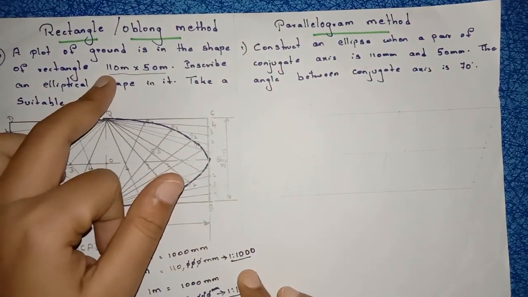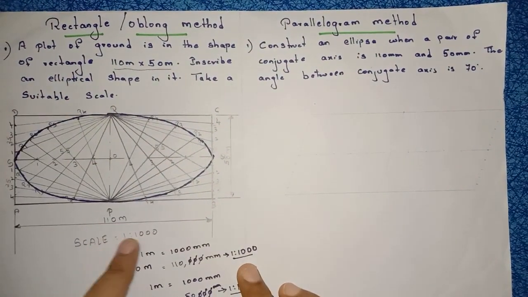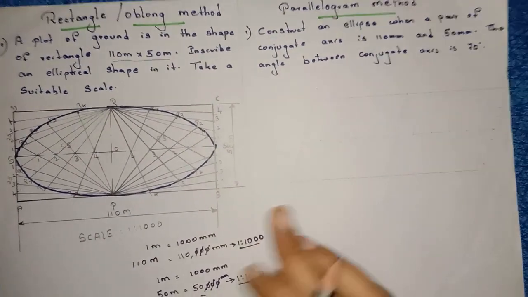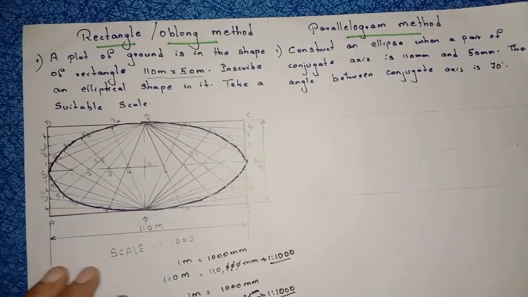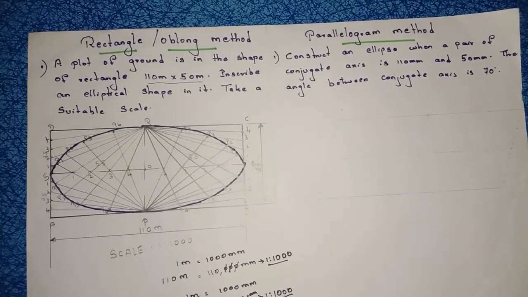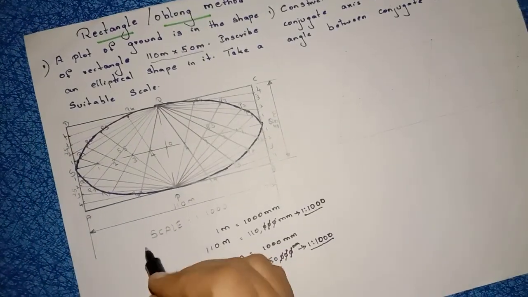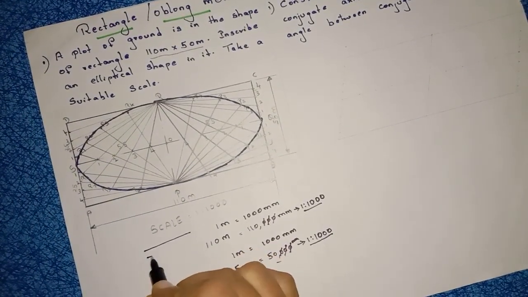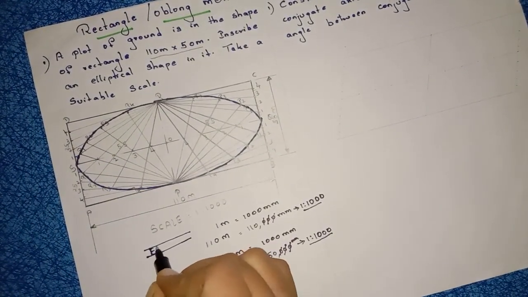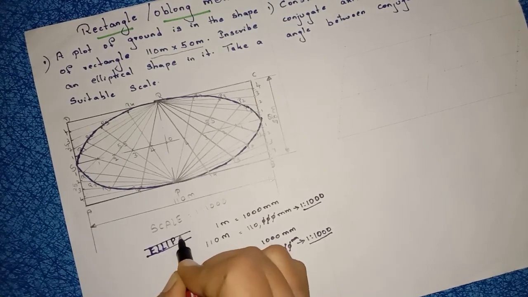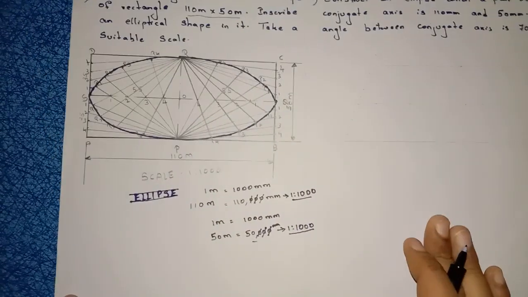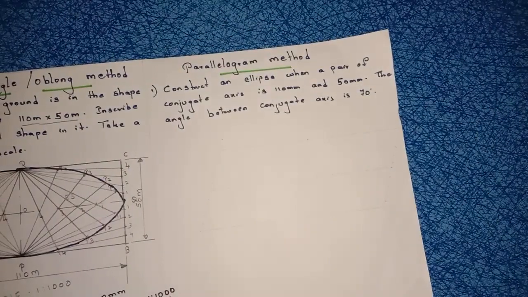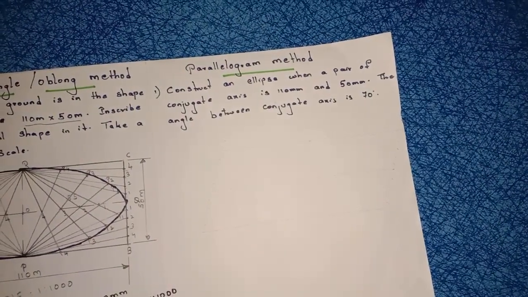Here the dimensions are in meters, that's why we are writing scale 1:1000, right? So after completion of your diagram, take height 5 mm and write down here ellipse, right?